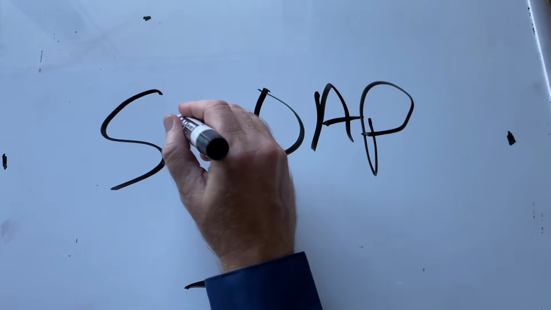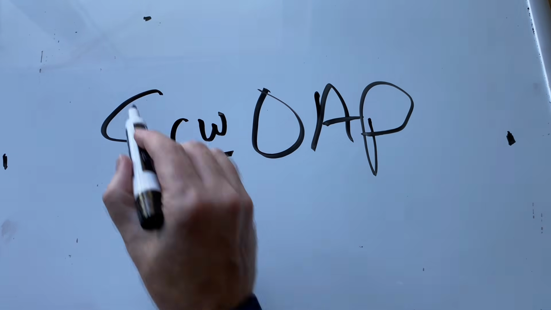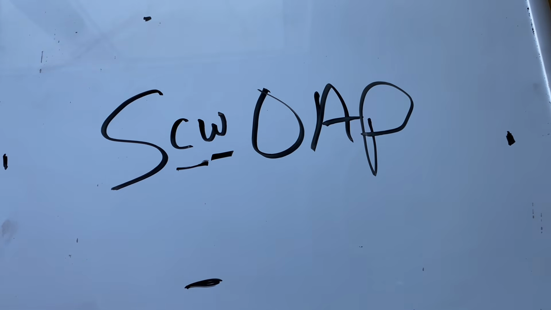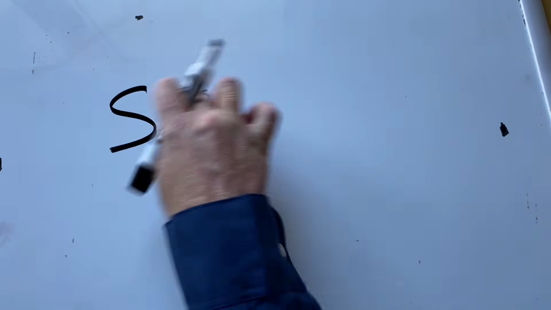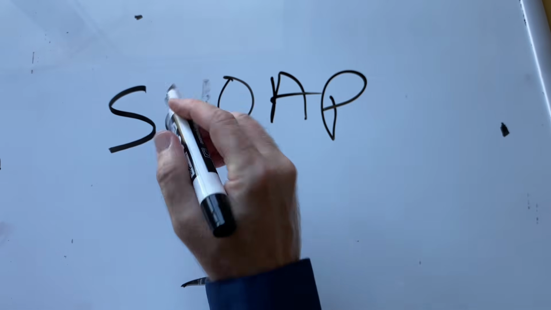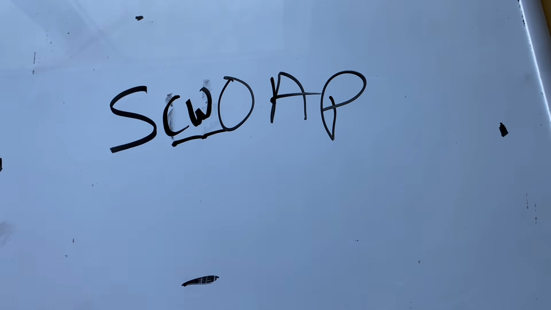But then you put CW in S.O.A.P. I don't know if that's a word, but you have sin, and then you have Christ wins, S.O.A.P. So I want to share that again because I think that is very key when it comes to this verse mapping system: think of the word SOAP, but then you have Christ wins, CW, S.O.A.P. All right, so let's get into it.